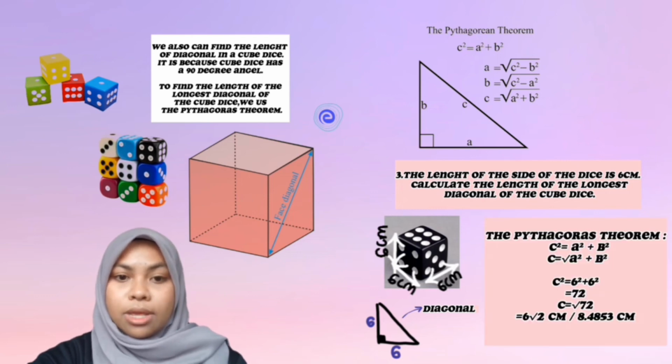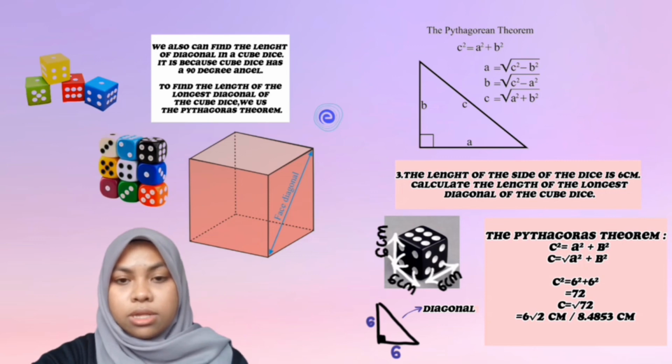We use the Pythagoras theorem. C squared equals A squared plus B squared. C squared equals 6 squared plus 6 squared equals 72. To get C, we have to square root 72, and the answer for the longest diagonal in the cube dice is 6√2 or 8.4853.